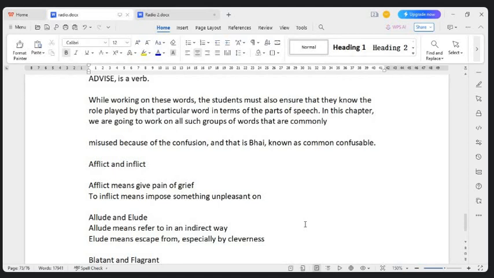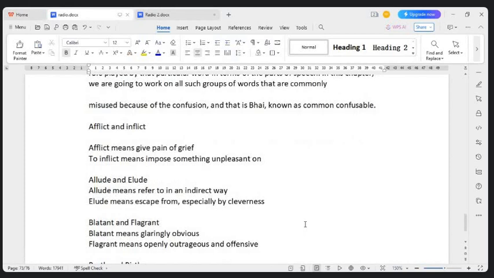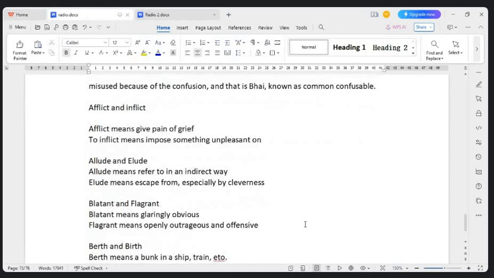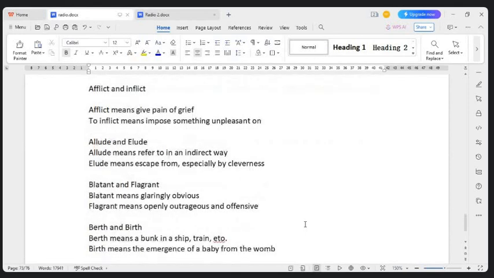Okay, allude and elude. Allude means to refer to in an indirect way, while elude means to escape from, especially by cleverness. Blatant and flagrant. Blatant means glaringly obvious. Flagrant means openly outrageous and offensive.